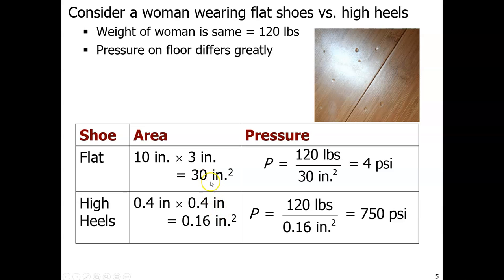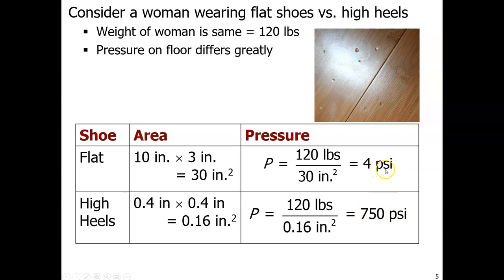If we take the pressure, as I mentioned before, it's the amount of weight over the amount of area. So we have 120 pounds. It's the same person, just in two different shoes, one with the flats of their feet on 30 inches squared versus 0.16 inches squared. And we have 4 psi versus 750 psi.